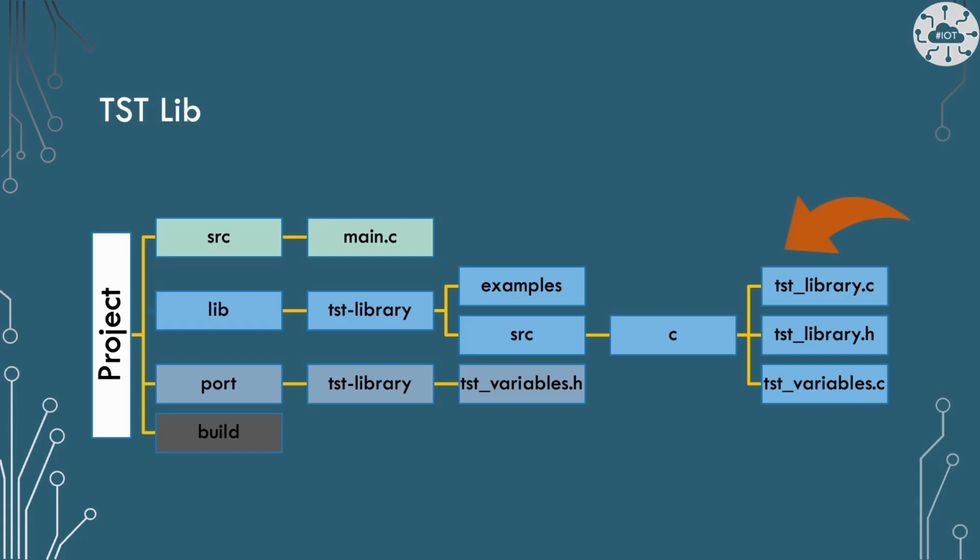So what I've done is I've put the 3 files, the TST variables.c, TST library.h and TST library.c in my lib folder. They are hard coded in there at the moment. And then I've put TST variables as port code in a port folder, so it's how I've portably adjusted this library to run from my example. And then I've got my main app sitting in source.